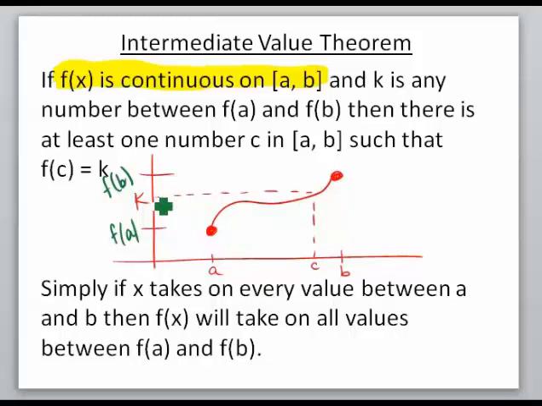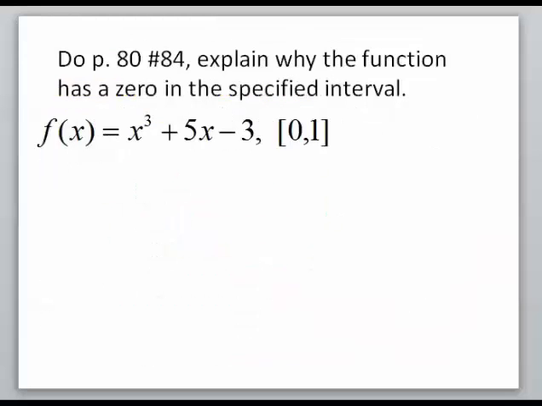We can then say that there's some number between those two heights. And so therefore there's a number c that goes along with k that is between A and B. We use this more specifically to show that something has a zero or a root. So let's go ahead and look at this next question.